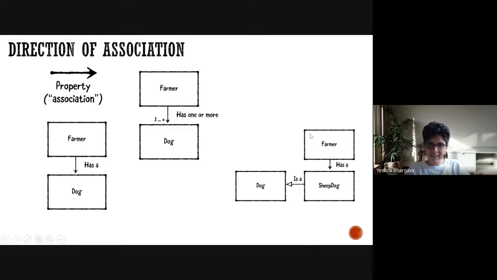And in this side diagram, you can see that a unidirectional association is there, but again, the sheepdog is inheriting the dog class. So as I told you, when you look at multiple class diagrams, it will be very rare that they follow a common convention.